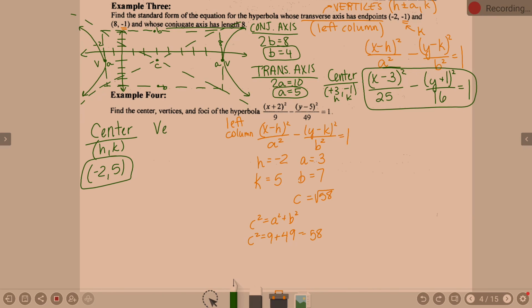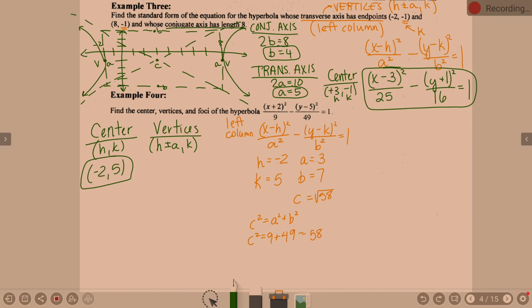Vertices. What's my formula for vertices? No, wait. Nope. I wrote that wrong. Sorry. H plus or minus A, comma K. Is that better? Yes.